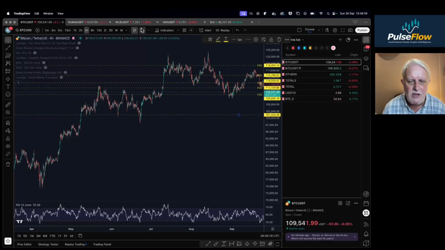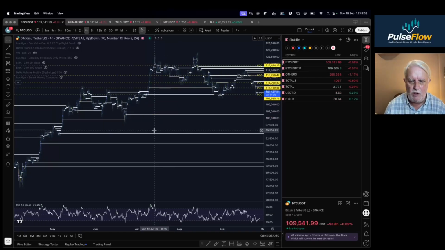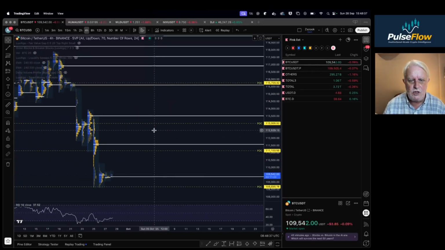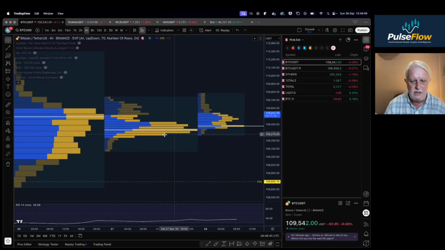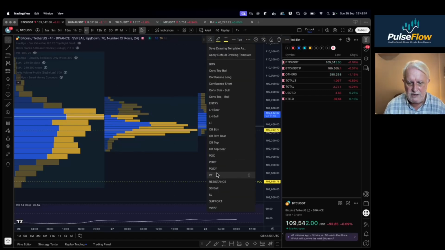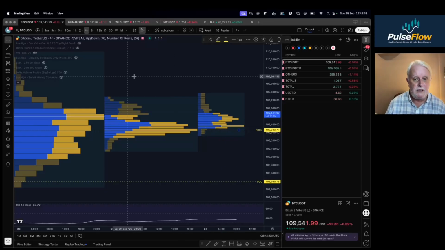Now, this is how I use them. Because you could go on forever putting points of control on, right? But let me just take that one off. I use it in two ways. I have a POC from previous days, like beyond yesterday, and then I also put on yesterday's. Now this was the 27th of September, so I will map that there when I'm trading, and I have that saved as a POCY to differentiate it from a normal POC.